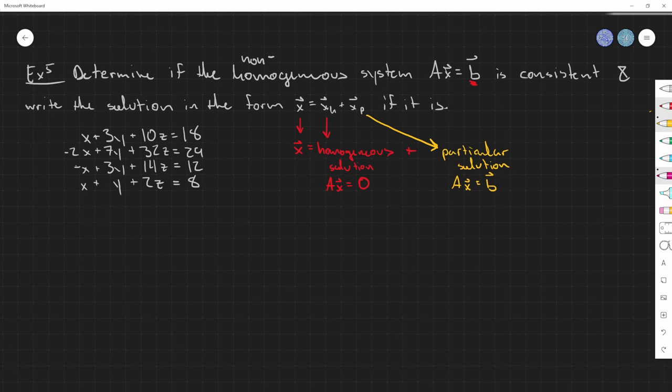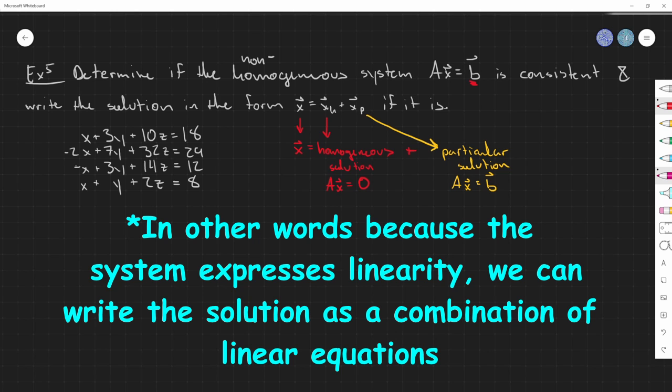The reason why I can write it like this is because this is linear algebra. We can write a vector as the sum of 2 other vectors, and we'll know that those 2 other vectors are solutions to the original.